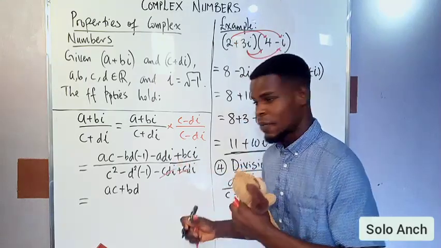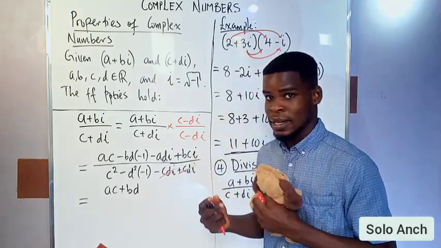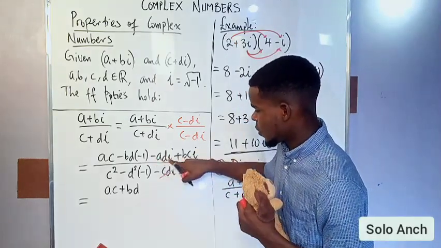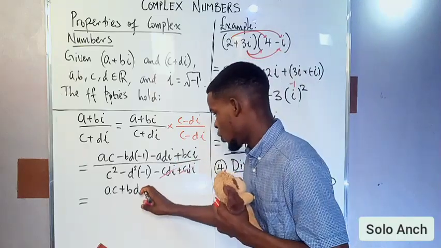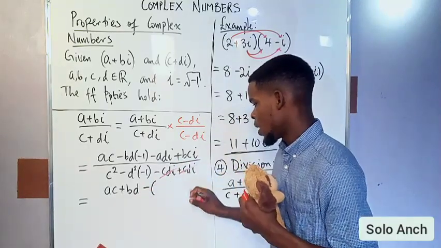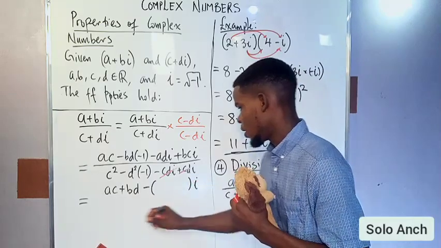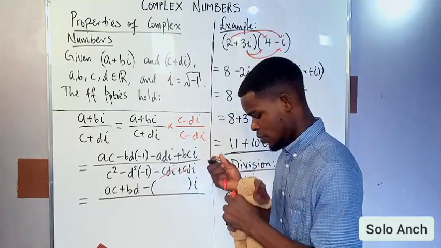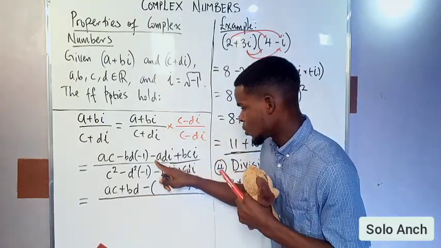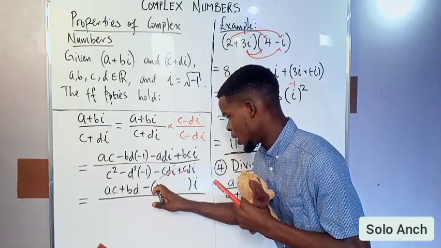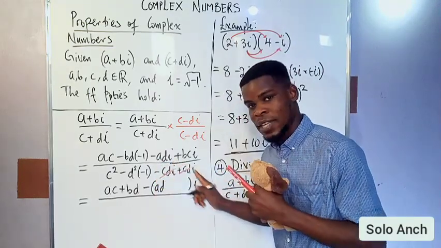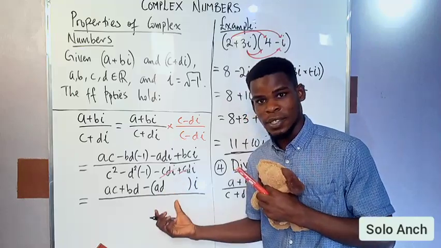The two terms here have an i, so we can factor out the i, and you keep in mind that this first term has a negative. So this is what I'm going to do. We factor this negative out, and we also factor out this i. That's the numerator, and this is the denominator. When we factor out the negative sign from the first term, there will be no negative, and then we factored out the i as well, so we only have ad left, right?